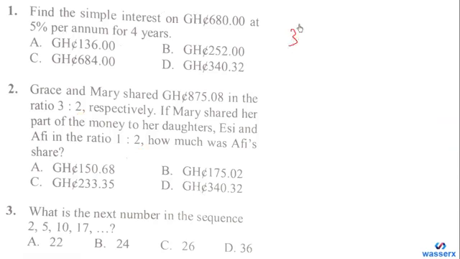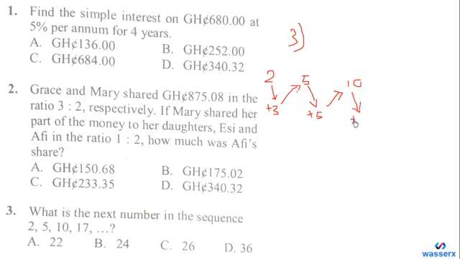We want to find the next number in the sequence 2, 5, 10, 17. For the first term, we added 3 and we had 5. So we want to examine a pattern to see if we can get the next term. We added another 5 to get the next term, which is 10.